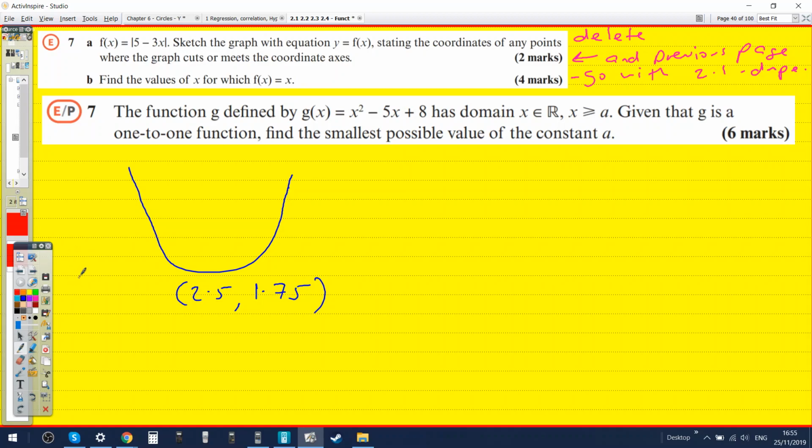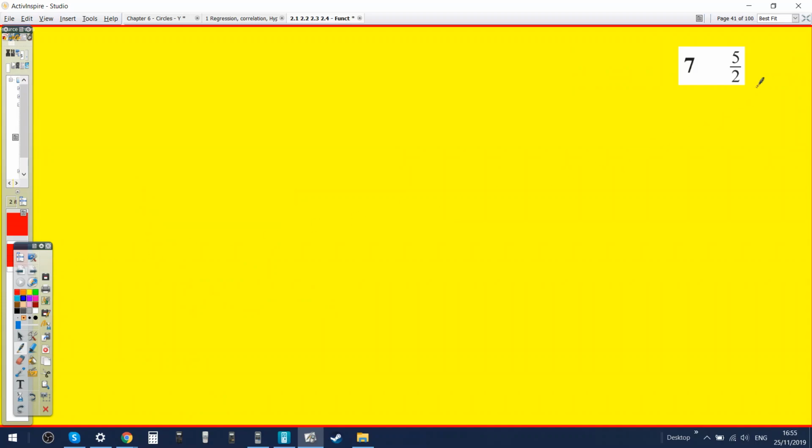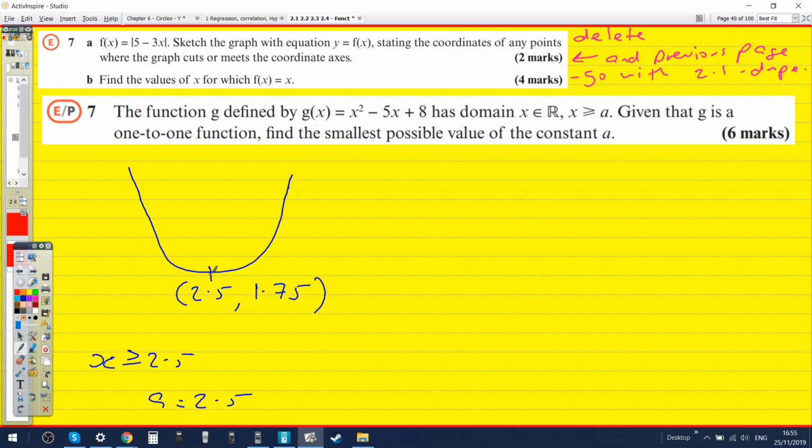Would it be when x equals 2.5? I believe so, because after that it's going to repeat. And so I believe x is greater than or equal to 2.5, and so a is 2.5. 5 over 2, 2.5, that's it. And so it's often the minimum, the local minimum for some of them.